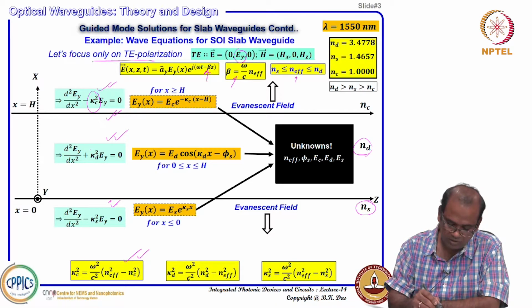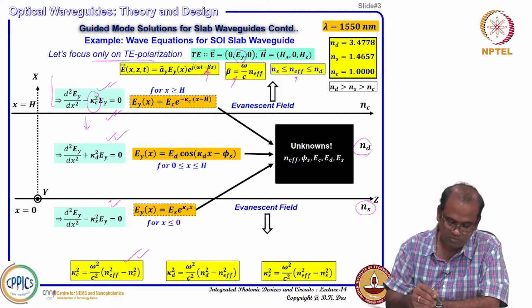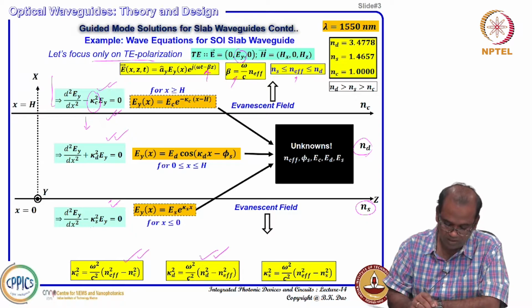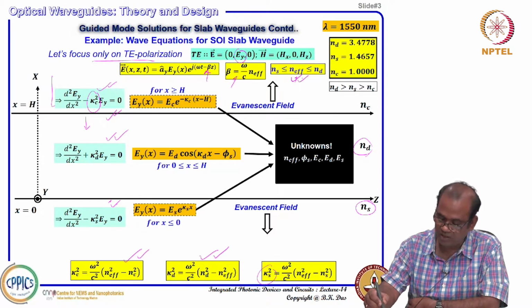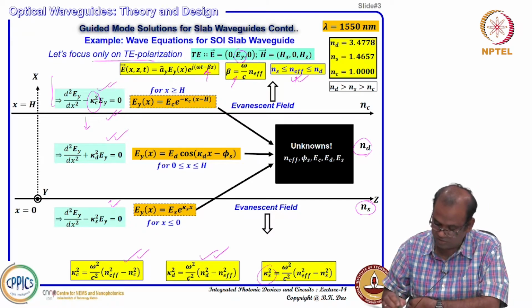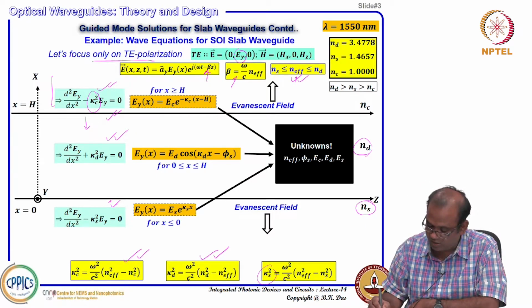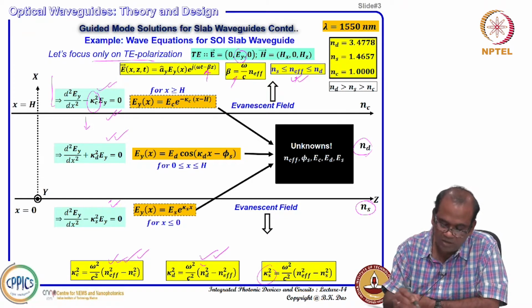And as I mentioned, whenever you are moving from the top cladding to inside the device layer, we get kappa D square, where kappa D is defined like this, and in the lower cladding kappa S, defined by this. So, considering this condition on n effective, kappa C square, kappa D square and kappa S square are all positive values, because n effective is greater than NS, lower than ND, and greater than NC.